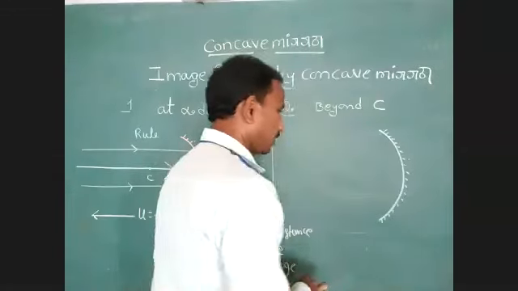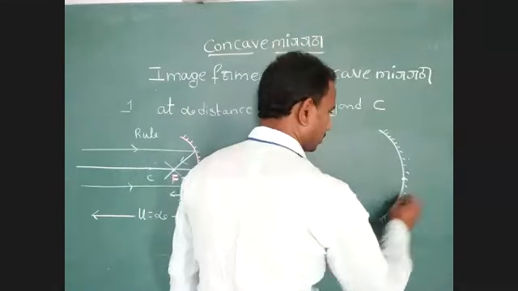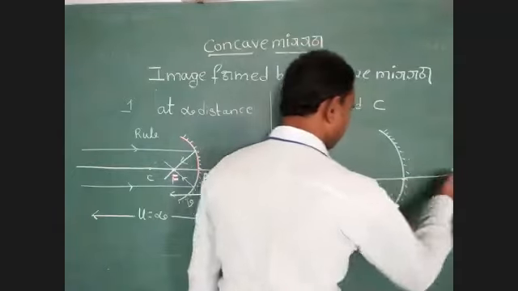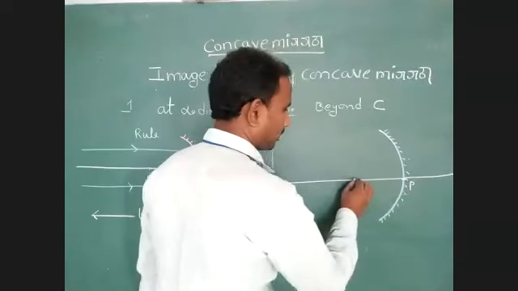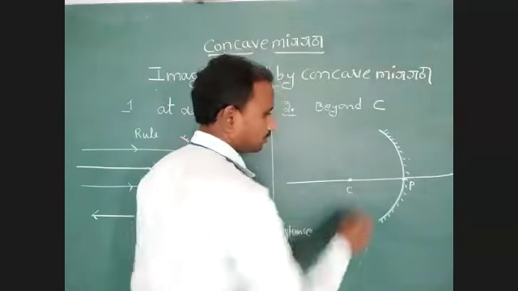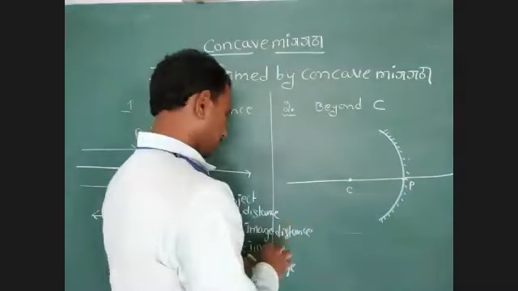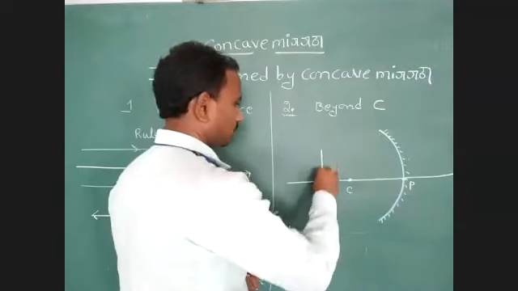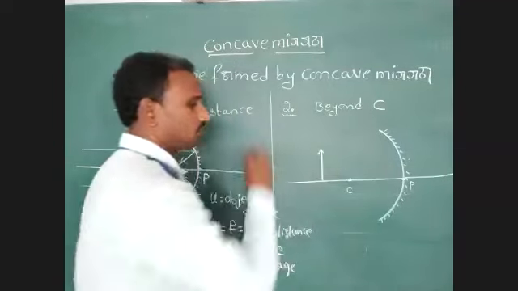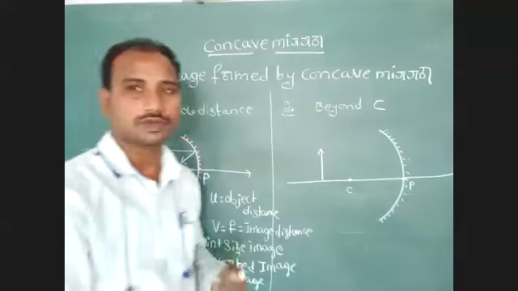Now we have to identify the pole and the center of curvature. Okay, this is the pole and this represents the center of curvature. Where is the position of an object? Beyond the center of curvature. Now just imagine this position of the source of light.